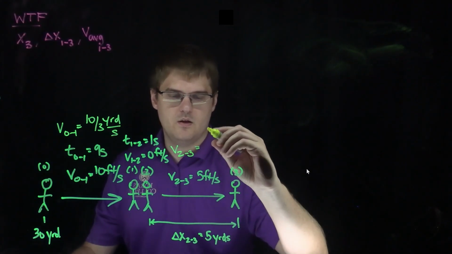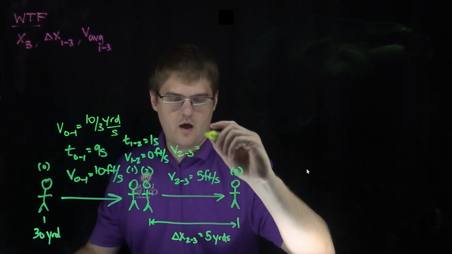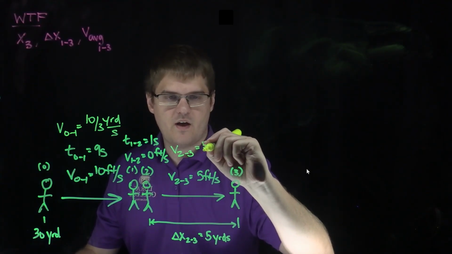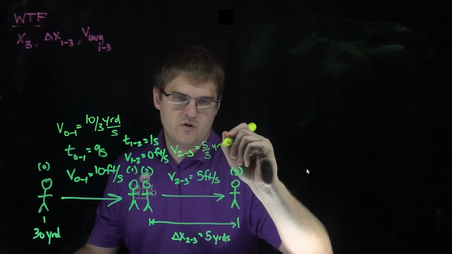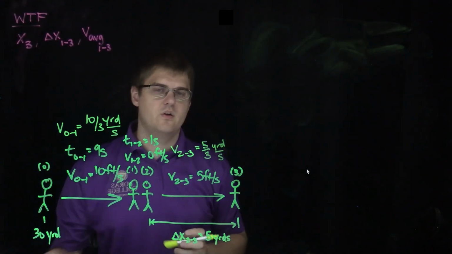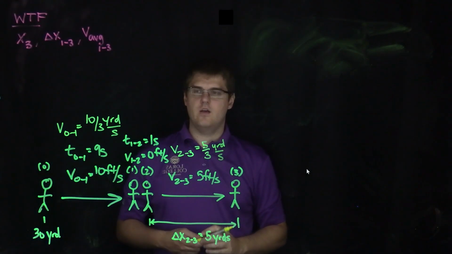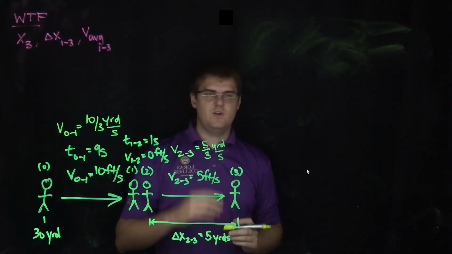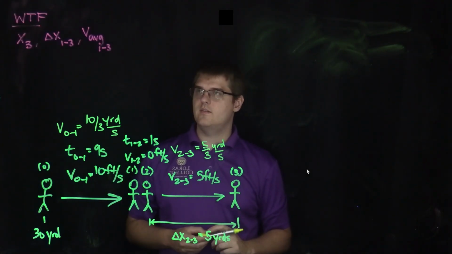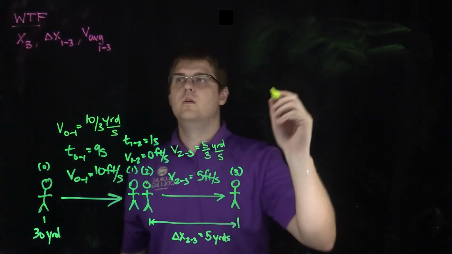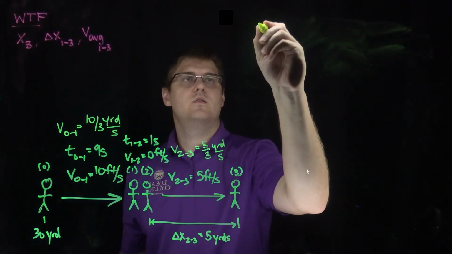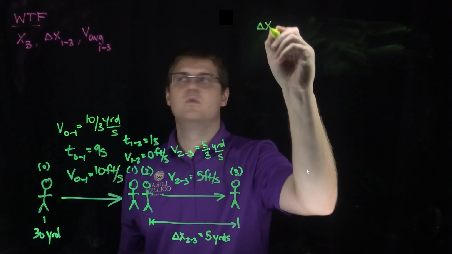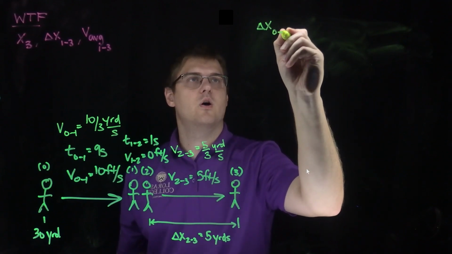Is going to be equal to 5/3 yards per second. Okay, well, I've got 3 steps here. So let's figure out what is my change in position between 0 and 1.